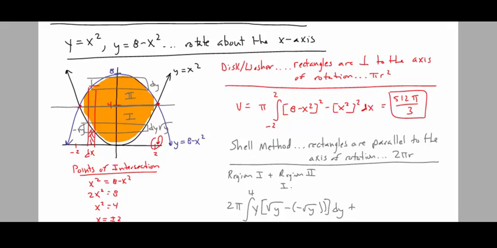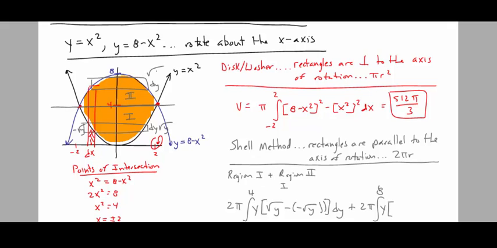So this is region 1. And then plus my region 2, where my rectangles will go from 4 to 8. The distance from the center of the rectangle to the axis of rotation is y. And then over here, I have y equals 8 minus x squared. Solving, I have x squared equals 8 minus y, square root of both sides, plus or minus root 8 minus y.